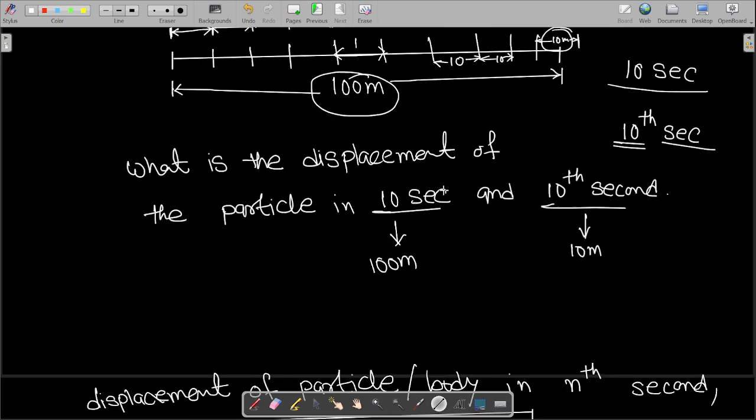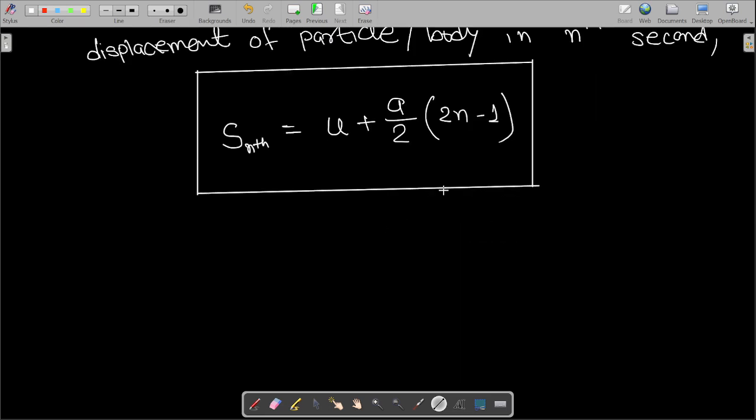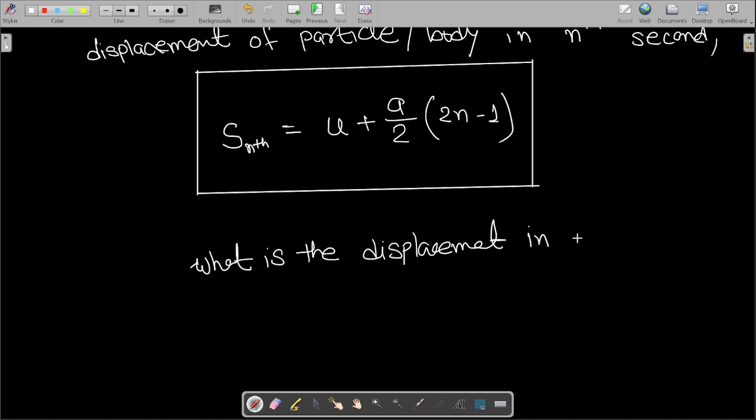Okay, so how are we going to use this? If someone asks you what the displacement is in, suppose, the fourth second, what is the process you are going to do?